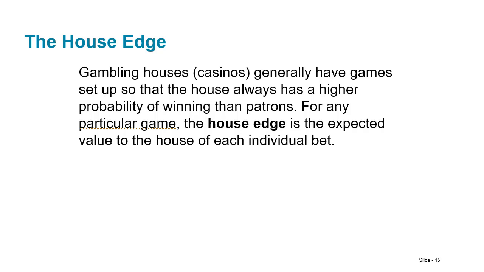For instance, in roulette, as we saw, you only have basically a 0.474 chance of it coming up red or black. However, when you make that bet, it's a 1-to-1 thing. It's a 50% thing. So if you bet $1, you win $1.